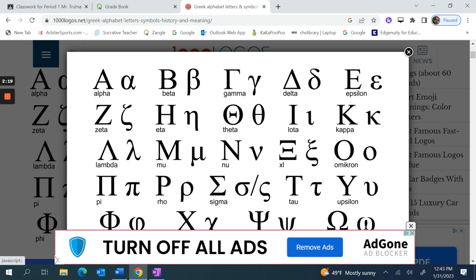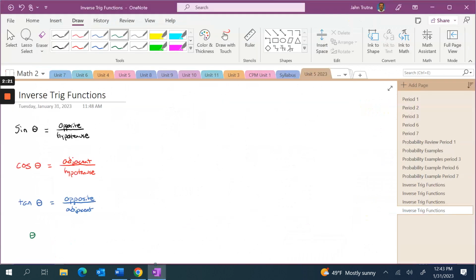In math, we use that symbol to represent a non-90-degree angle in a right triangle. So you're going to see that symbol pop up in the first example, and then we're really not going to use the symbol again, but it's a part of the definitions, that's what it's from.